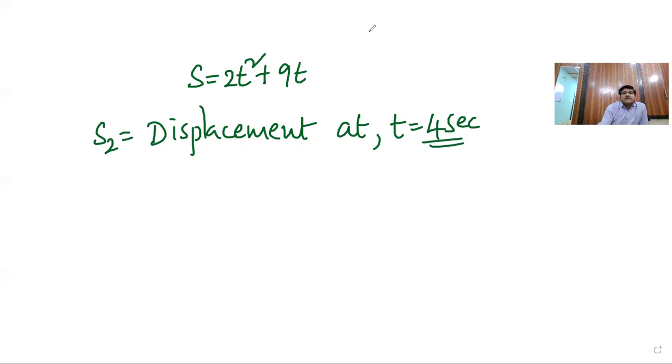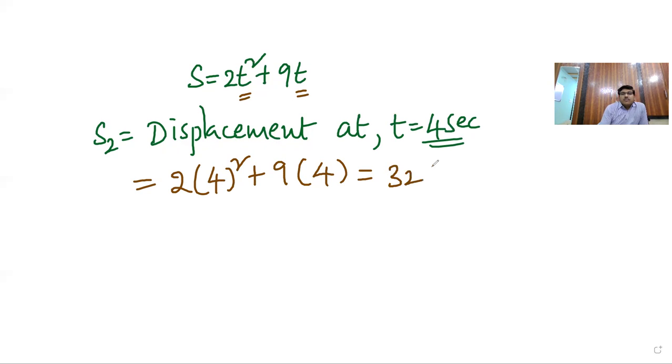Substitute 4 seconds in place of t. So 2 into 4 square, 4 into 4 is 16, 16 into 2 is 32, plus 9 into 4 is 36. 32 plus 36 is 68 meters. 68 meters is S2.